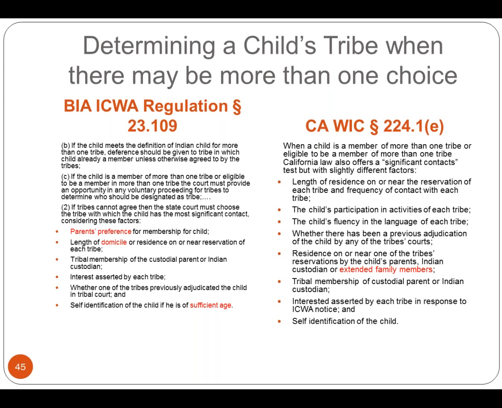If they cannot agree, then the state court must choose the tribe with which the child has the most significant contact, and these are the factors: the parent's preference for membership of the child, the length of domicile or residence on or near the reservation of each tribe, the tribal membership of the custodial parent or Indian custodian, the interest asserted by each tribe, whether one of the tribes previously adjudicated the child in tribal court, and the self-identification of the child if he is of sufficient age, and sufficient age is not defined.